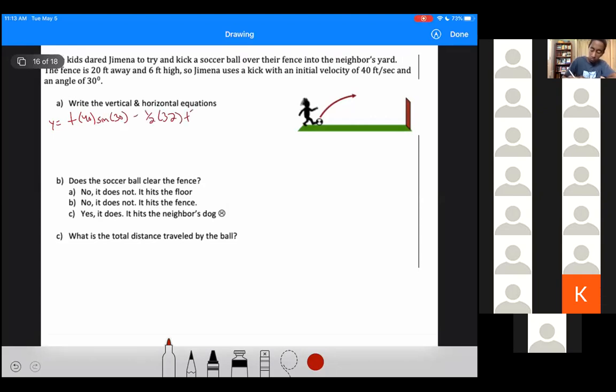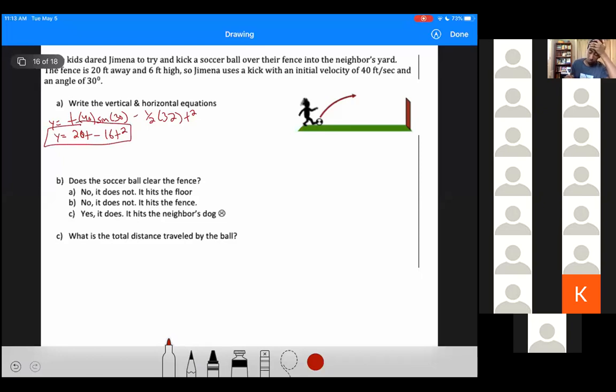And there's no initial height because it's 0. And that simplifies to 20t minus 16t squared.